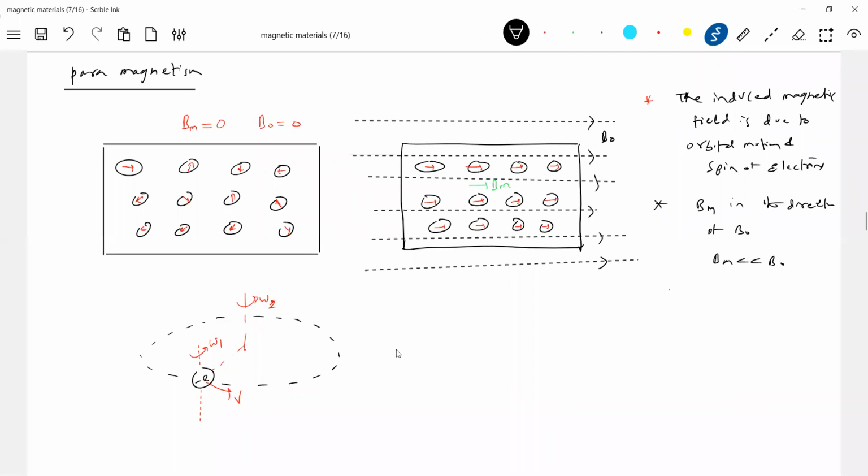Because of that, susceptibility will be positive and very small. And what about mu r? It will be positive and greater than 1, because if chi is positive, mu r will be greater than 1.